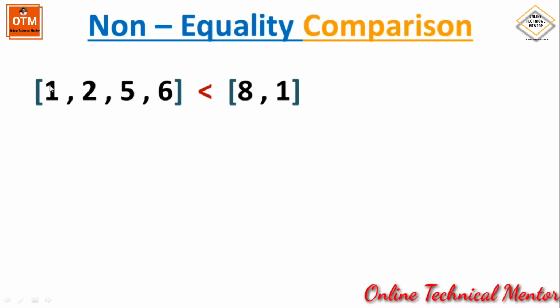That means it will check whether 1 is less than 8 or not. So the first two elements will be compared first. And if it is true, then it will return true. Subsequent elements are not going to be considered. It will not check whether the subsequent elements satisfy this relational operator or not. So the decision will take place at the first differing element.